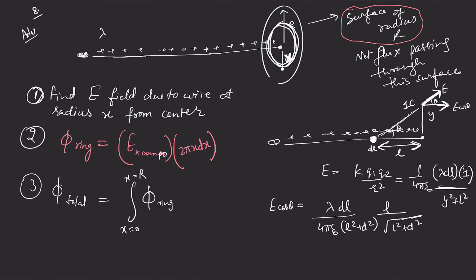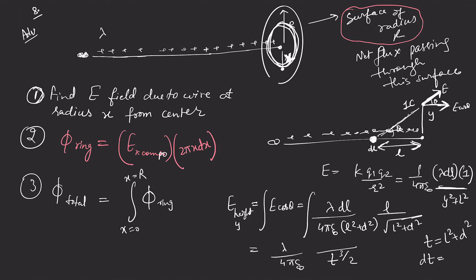So this is the x component of the electric field by this small element, and we have to integrate this to find the net, the total x component of the electric field at height y. So basically the electric field at height y is equal to this. Let me take t to be equal to L square plus d square, so that the denominator becomes t raised to 3 by 2, and then dt would be equal to 2L dl.